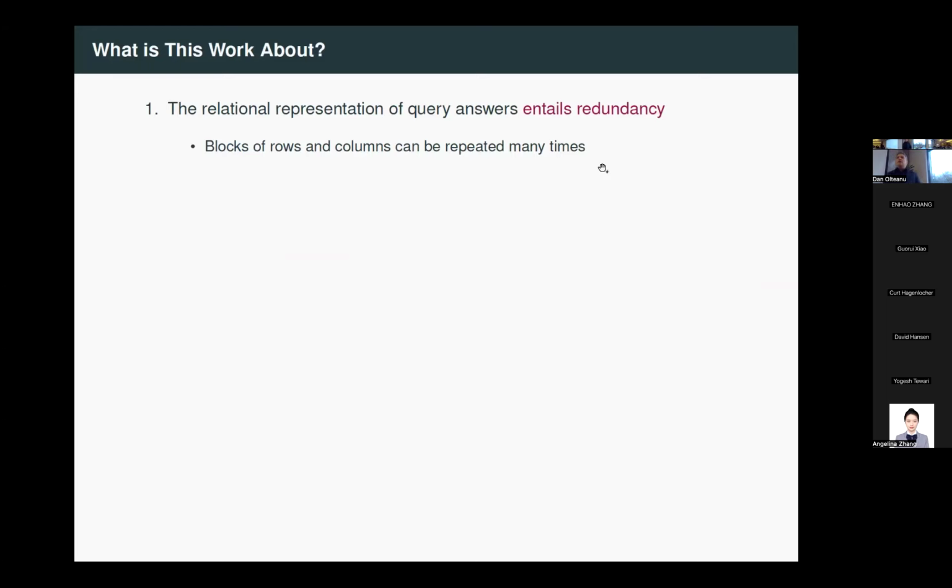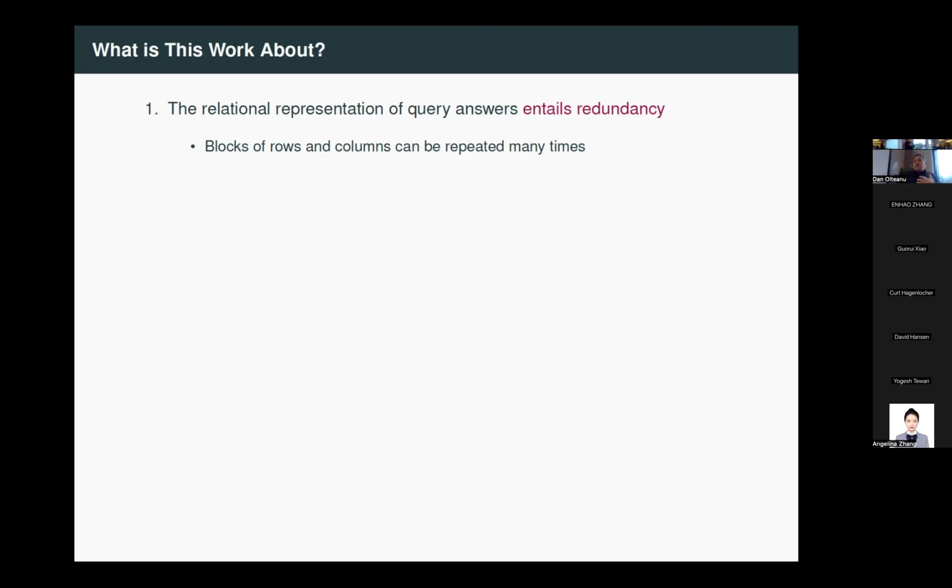So what is this about? There are two simple observations that underlie this work. One is that if we look at the results of queries, we realize that some values are repeated many times. And this is in the nature of the joins. The joins, by their semantics, force you to have these repetitions.